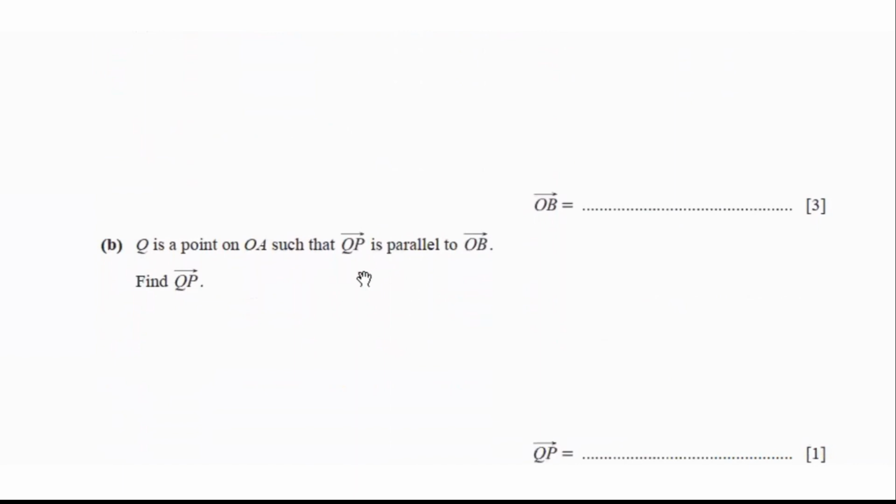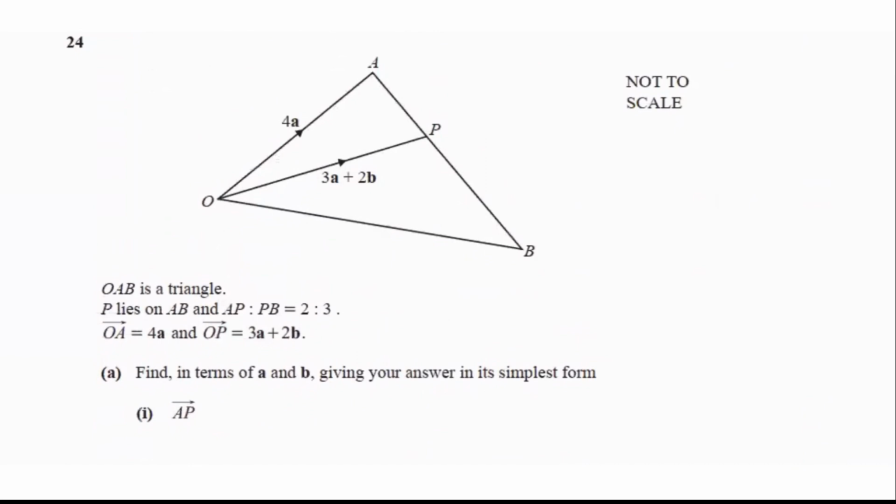Then Q is a point on OA such that QP is parallel to OB. Find QP. For QP to be parallel to OB, it has to be something like this. This is where your Q point has to exist. OB we just found to be 10b plus 3a over 2. AP is given as 2 and PB is given as 3, which means the entire thing is 5.